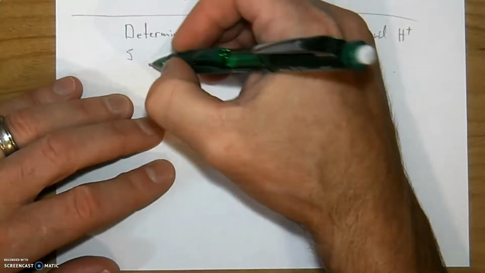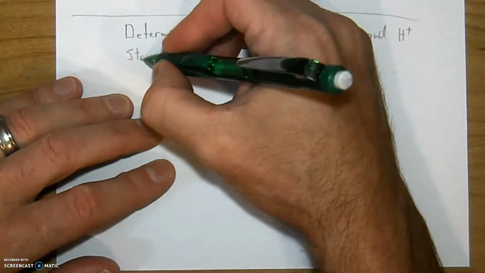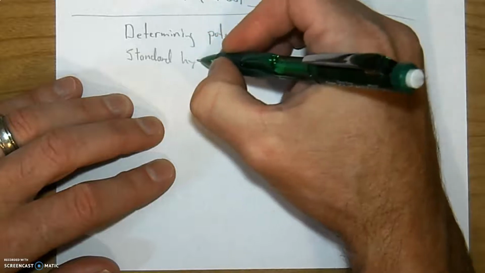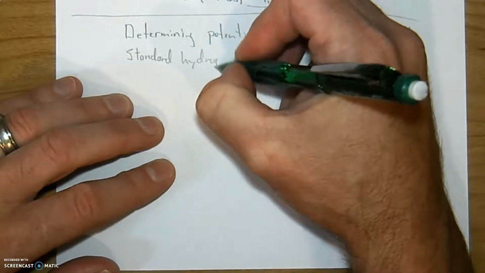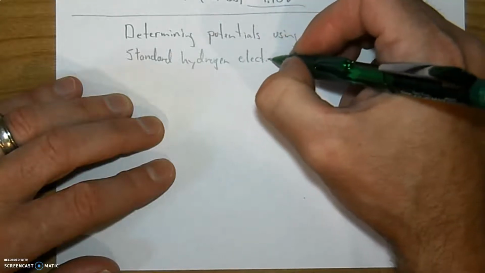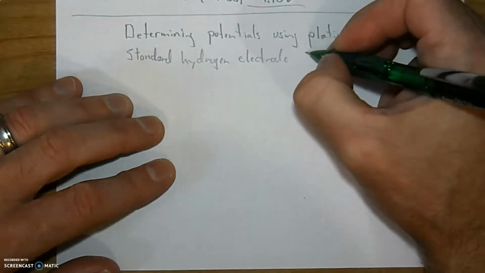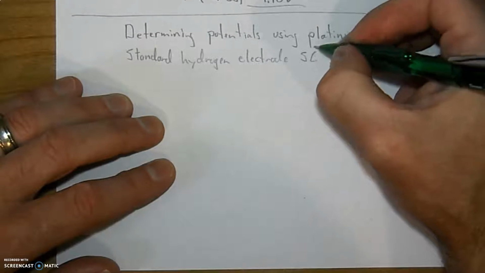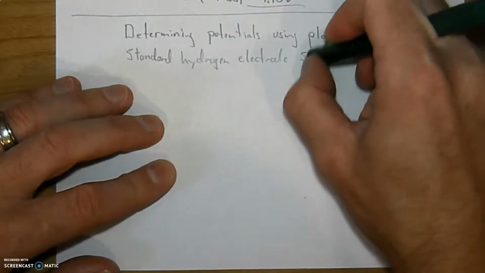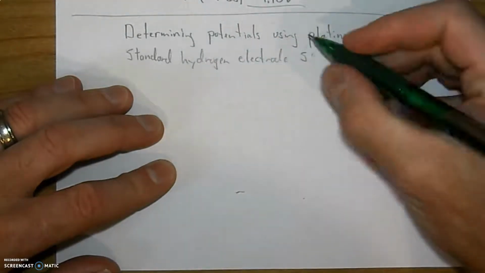What this is actually called is a standard hydrogen electrode, also known as SHE, standard hydrogen electrode.